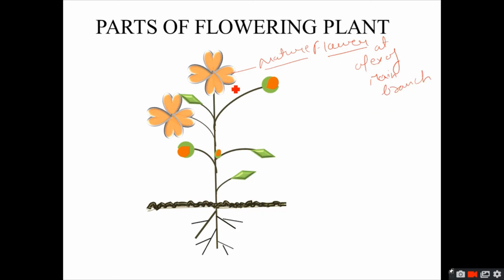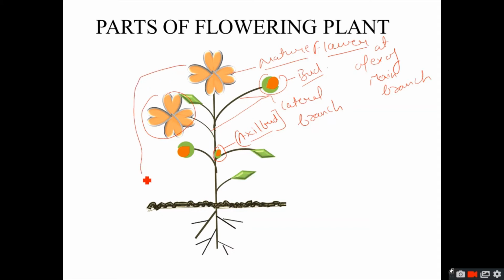And from the main branch we can see the lateral branches are arising, and we can see a bud which is at the apex of a lateral branch, a flower at the apex of a lateral branch, and we can see a bud between the main stem and the leaf stem, which is known as axillary bud. So these are some of the important features of the flowering plant, which come under the shoot system.